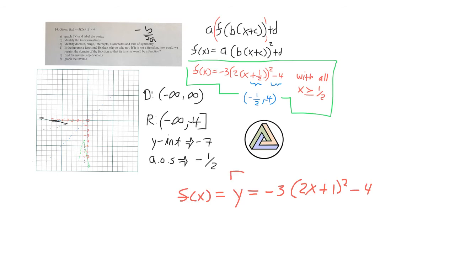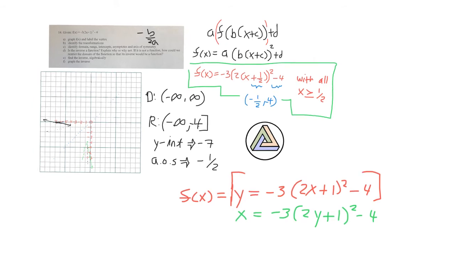And I'll focus only on this part right here. I'm replacing the f of x with a y because it will make this next part easier, as you'll see. Basically, when you want to find the inverse, you just replace the y with an x and the x with a y, and then solve for y. So this becomes x equals -3 times (2y plus 1) squared, -4.